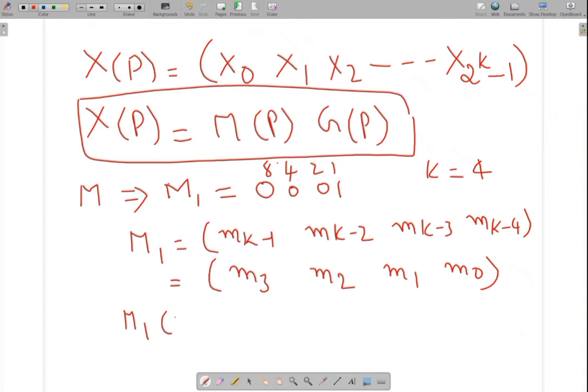Polynomial form: m1 of p is equal to, here 3 is there.